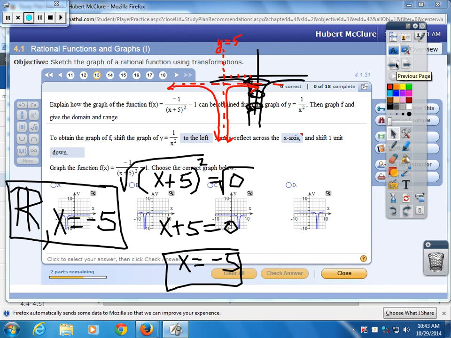We took the parent graph, which is right here, and what did we do to the parent graph to get this graph? We flipped it around the what? The x-axis. The red function is symmetric around the y-axis. But what they're asking us is, what did I do to the parent graph to get this graph? My bad.